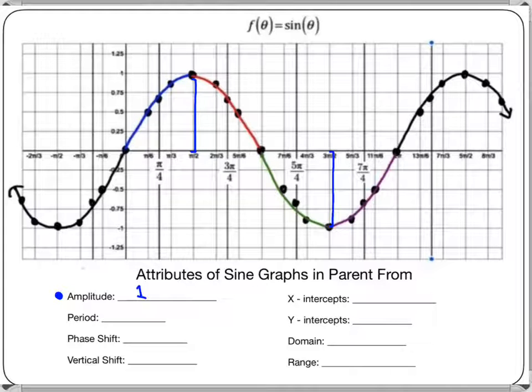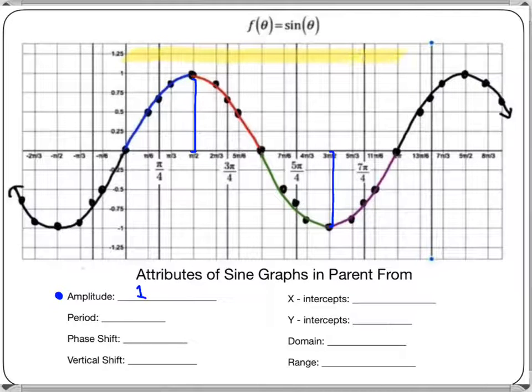The next vocabulary word is the period. That basically means the distance horizontally where the graph starts to repeat itself.